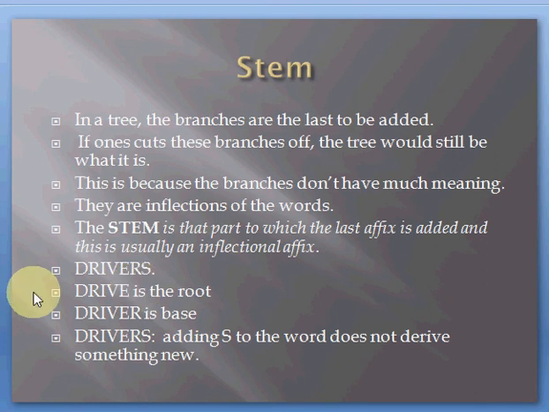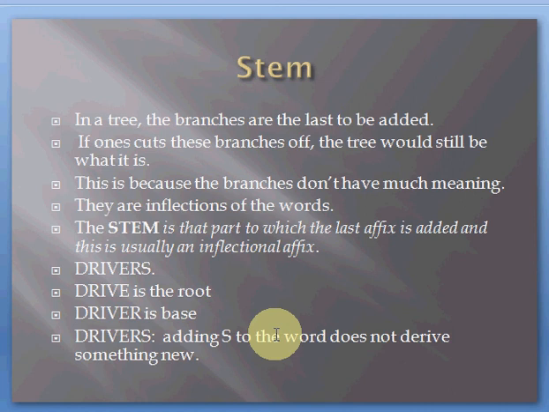So you can see here that drivers is the word which I have chosen. Drive is the root because we cannot divide drive more. Driver, -er, we have added here. Driver is the base because we have already added -er, and then we have drivers. Adding s to the word does not derive something new.